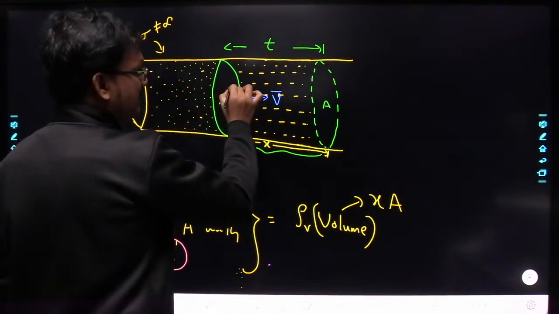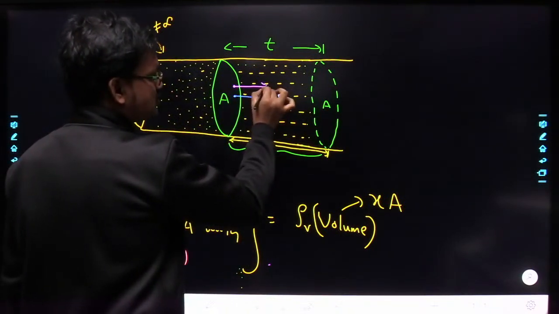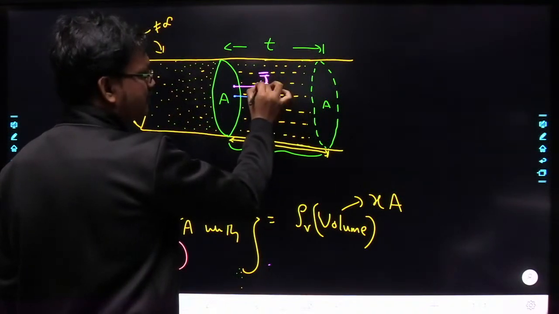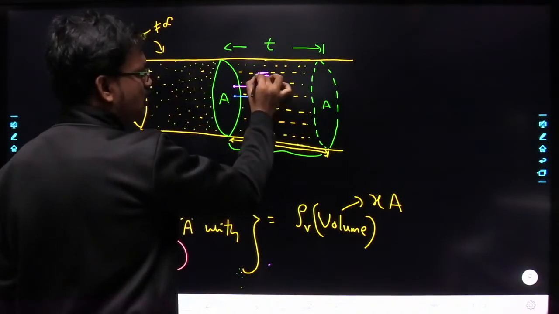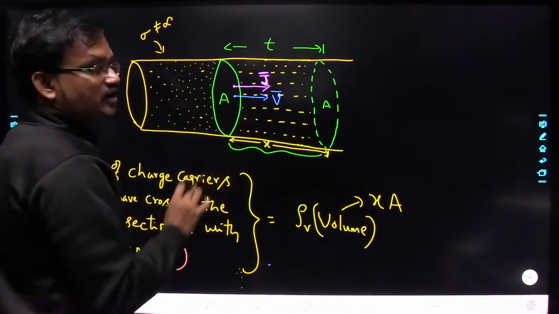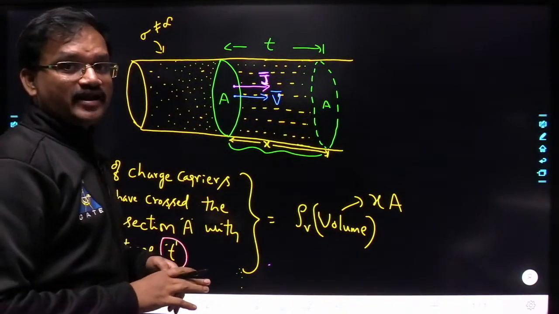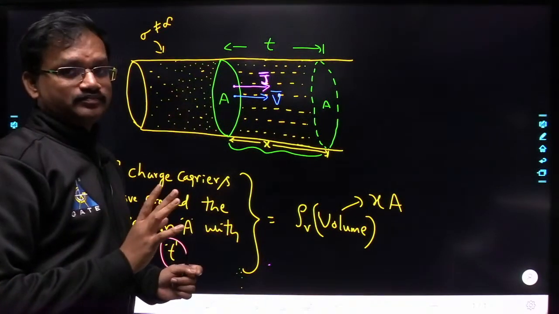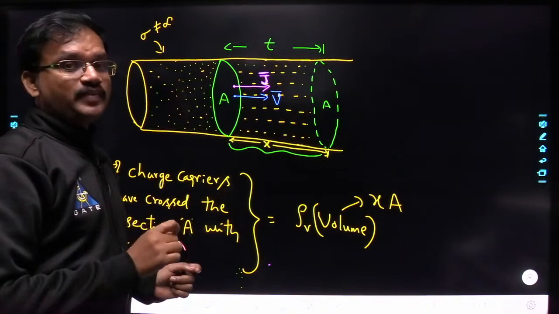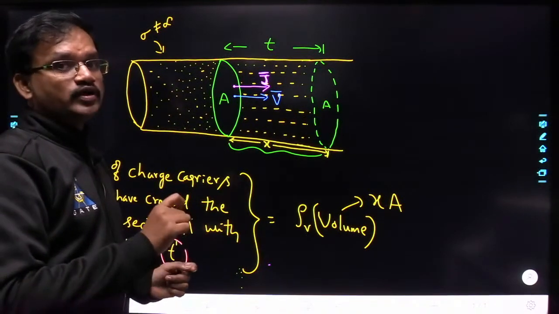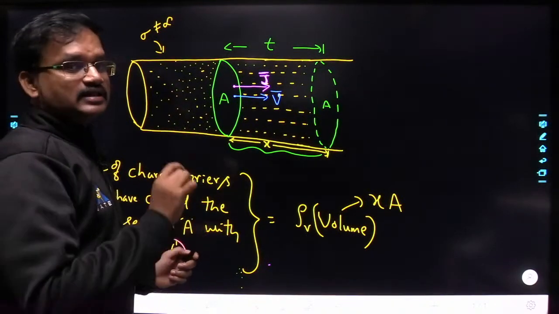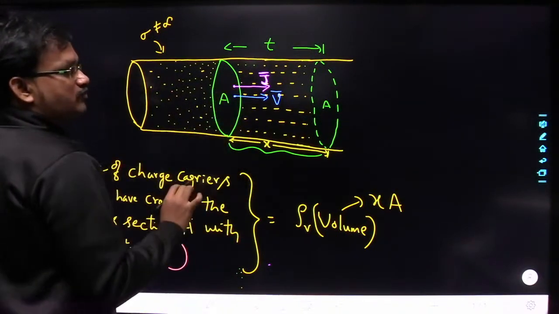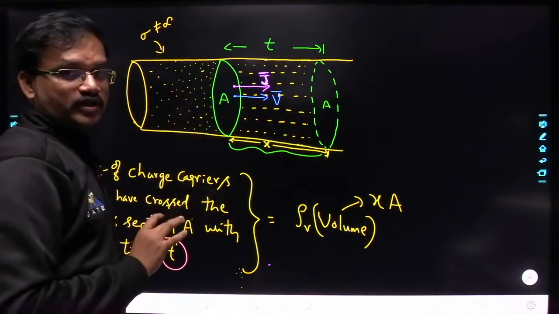So the current density must also point in the same direction. Current density gives the number of charge carriers penetrating per unit time, per unit area, or simply the current penetrating per unit area.